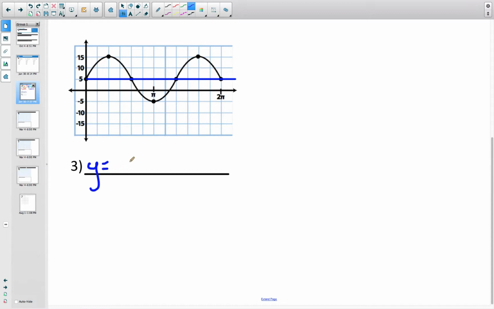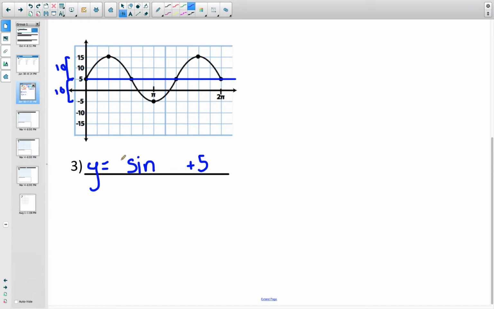So we have y equals positive sine curve, and the midline, or the vertical shift up, was 5. Now our amplitude. Distance from the midline to the highest, 5 to 15, is 10, or distance from the midline to the lowest, 5 to -5, is 10 units.